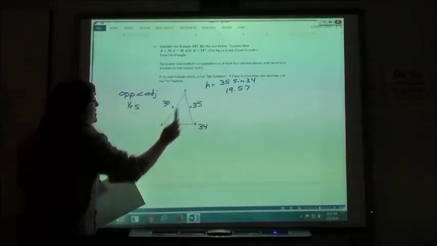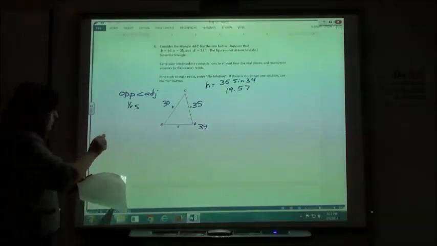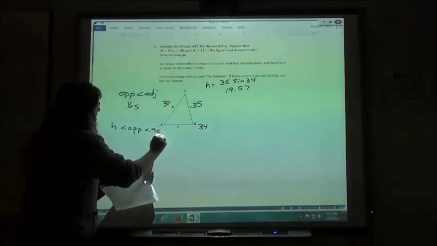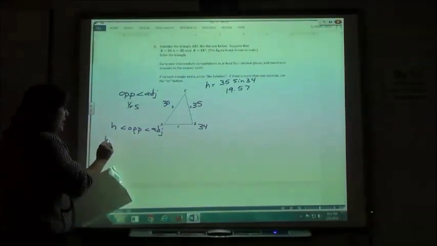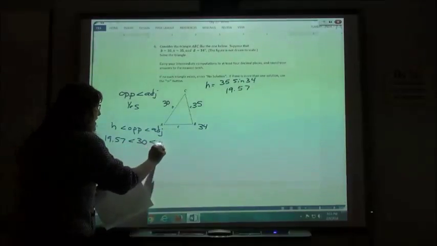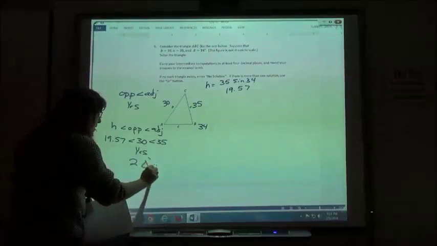Yes, 30 is less than 35. And is H less than the opposite side, which is less than the adjacent side? So H is 19.57. Is that less than 30, which is less than 35? Yes. So we have 2 triangles.